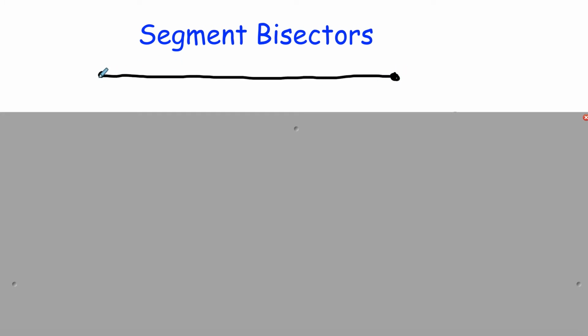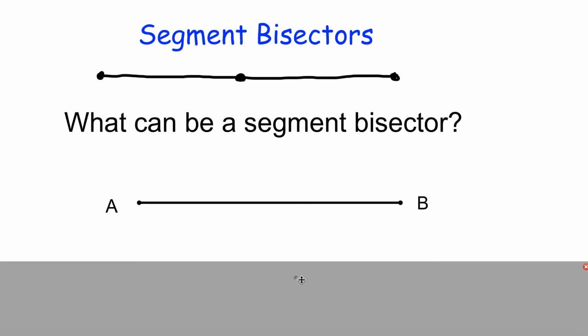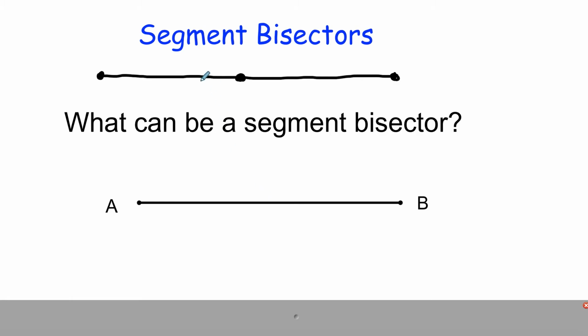And a segment bisector is basically anything that can perfectly divide this segment in half. So what can be a segment bisector? Oh, well, here it is. What are the different things that can bisect our segment AB? This is segment AB, we would write.